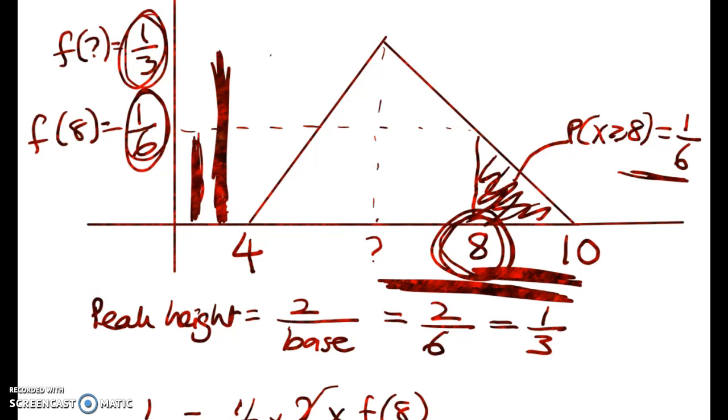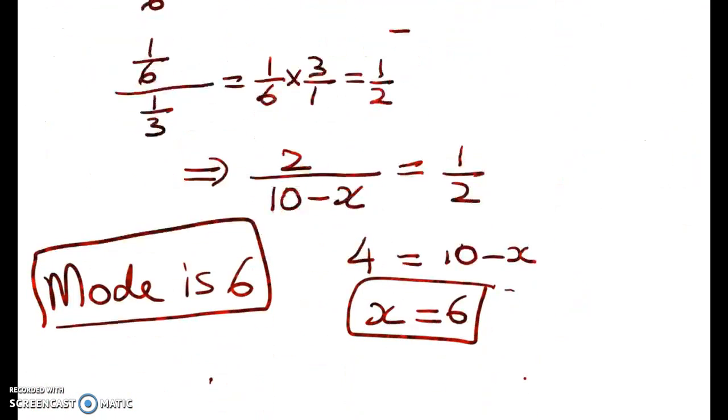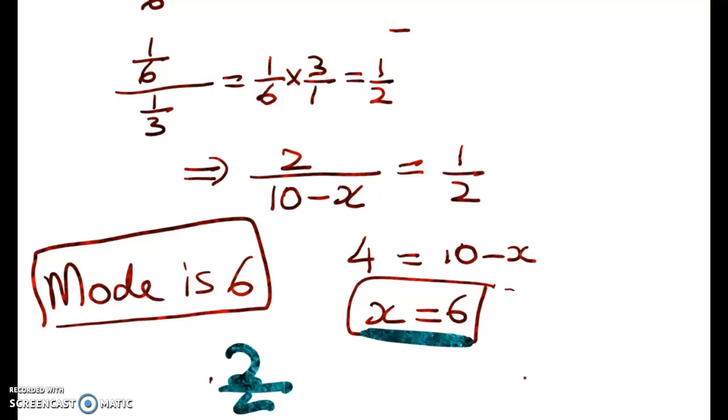So if you still like talking about the little ant going up the mountain, the ant starts here, and when he gets to here, we know that he's gone halfway. So that's 1 here, and this bit of the fraction must be the 2. So 2, which is the gap from 8 to 10, has got to be half of the final gap. So 2 over 4 is equal to 1/2.